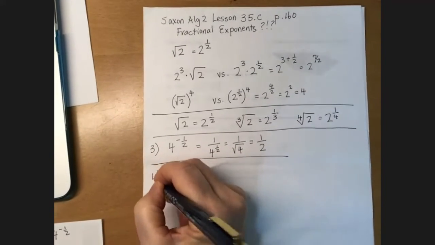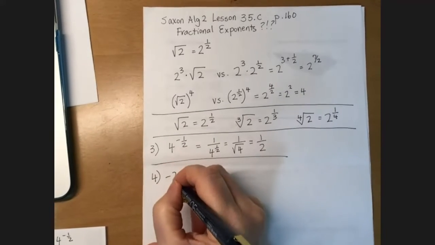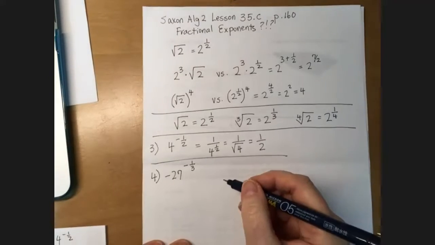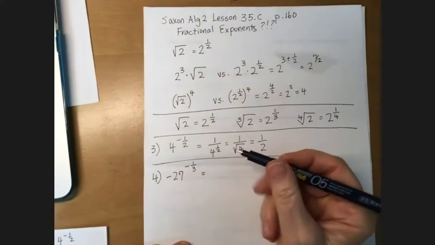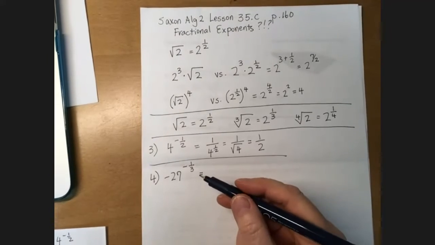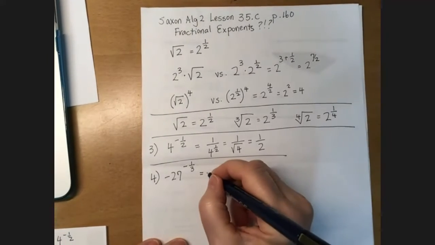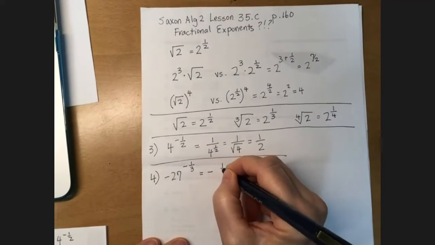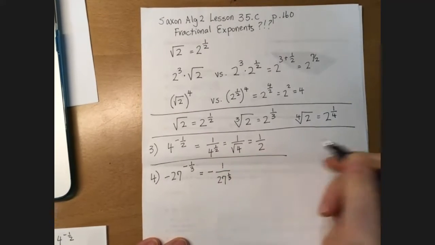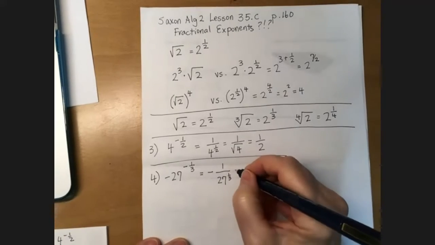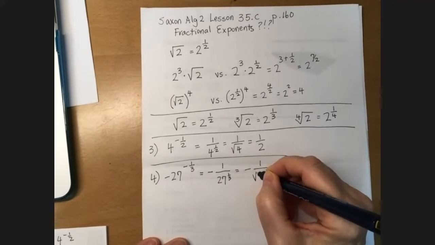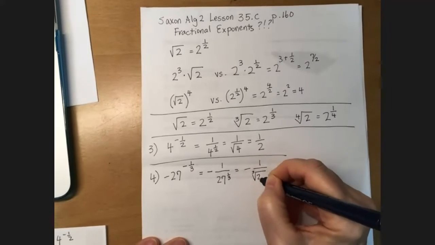Let's look at example 4. -27 to the -1/3. Okay, so how do we simplify that? First of all, this minus is not in parentheses, so it goes with the whole problem. So we put that minus there, and then we put the 1 divided by 27 to the 1/3. And then we know that's equal to -1 divided by the cube root of 27.